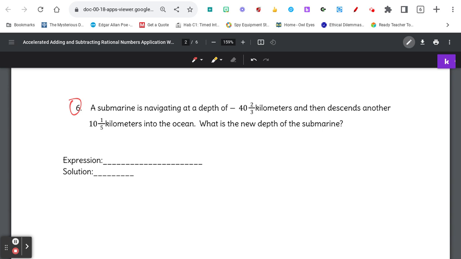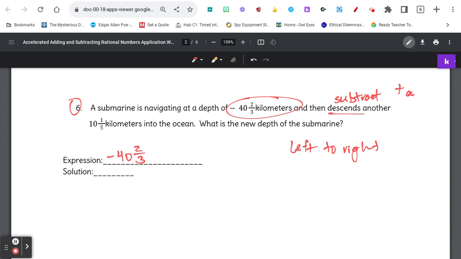Okay, I'm going to write this from left to right. Nothing in here indicates difference or distance. We're going to start here at negative 40 and 2/3 kilometers. Descends means that I need to subtract, or add a negative number, okay?